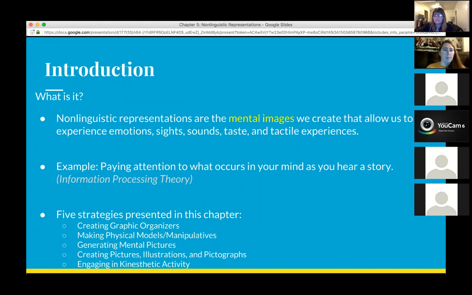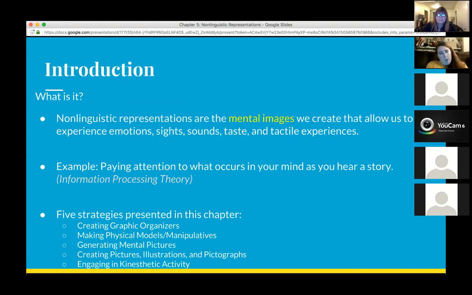They are the mental images we create that allow us to experience emotions, sights, sounds, taste, and tactile experiences. So basically it means paying attention to what's happening in your mind as you hear a story or read a book.